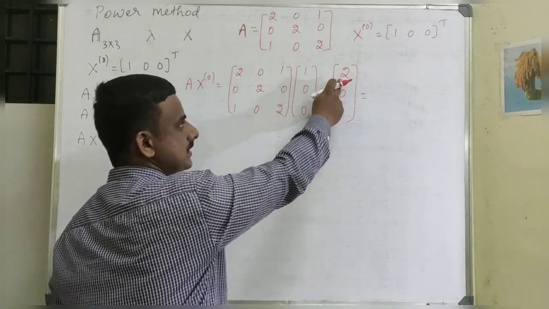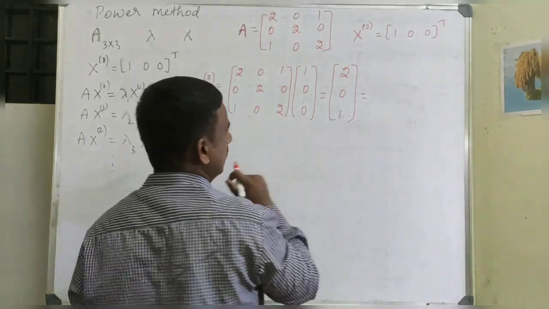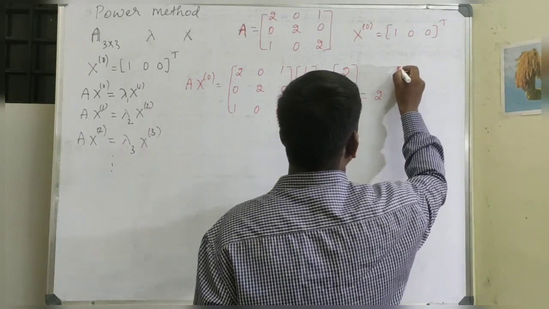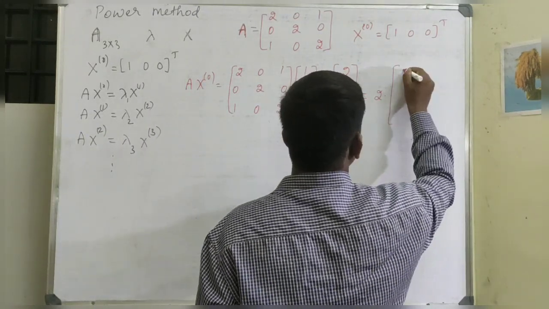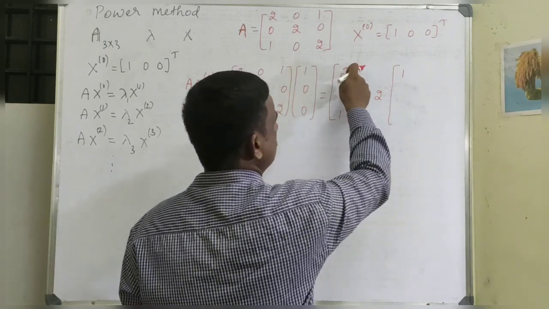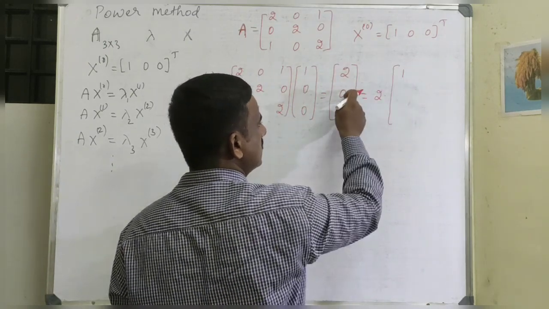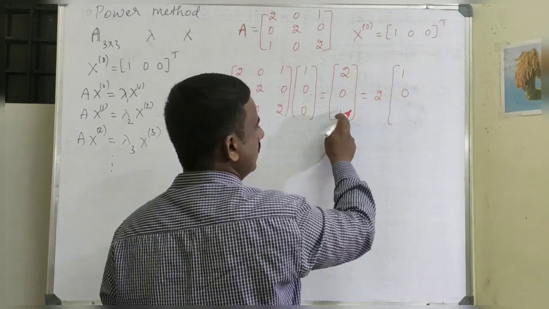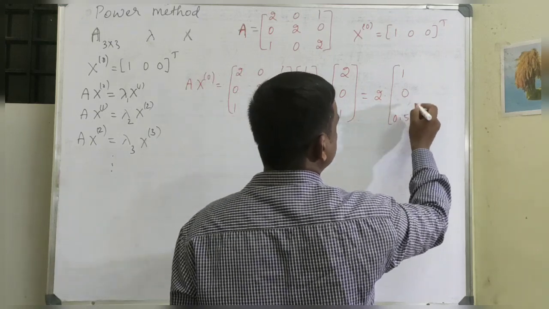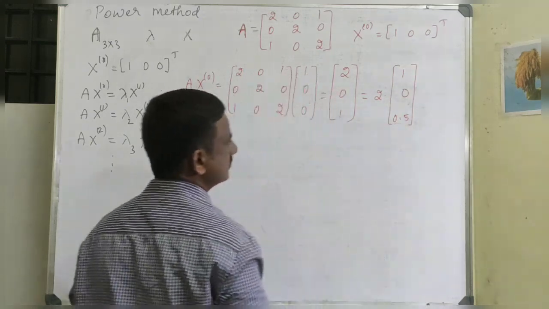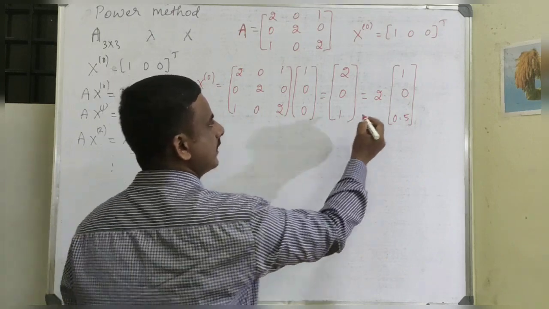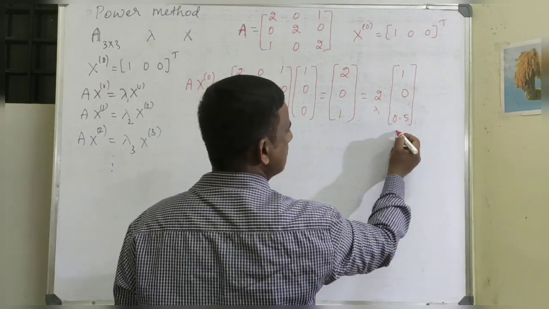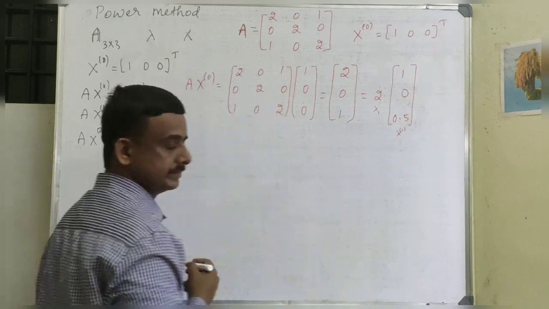Now take this largest number as a common factor. It will be 2 into 1, 0, 1 by 2, so 0.5. So this you have to regard as lambda 1, this as x1.